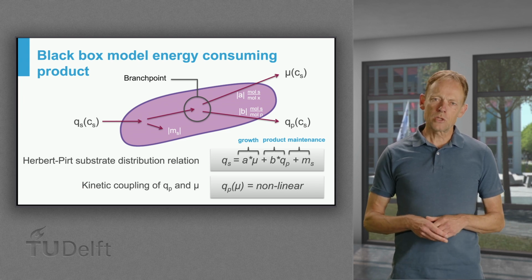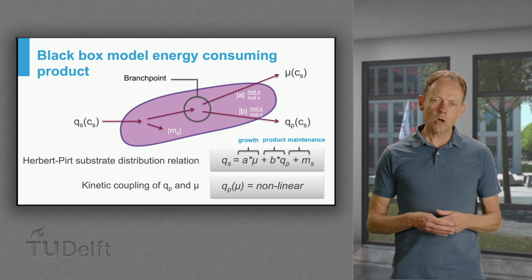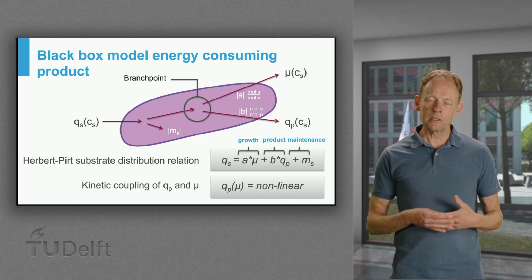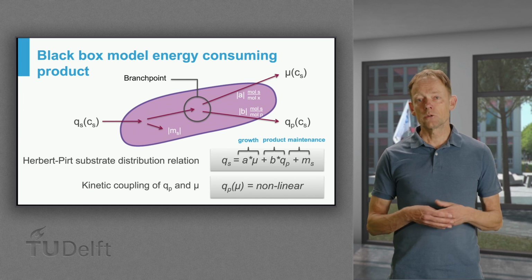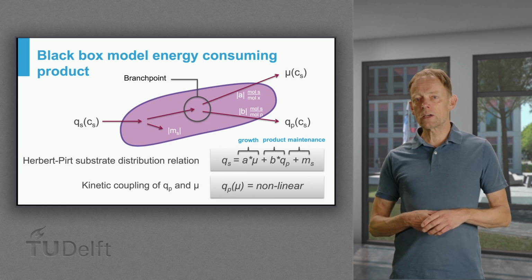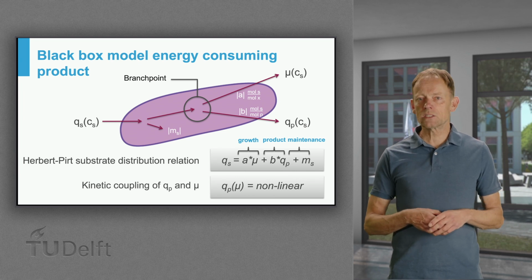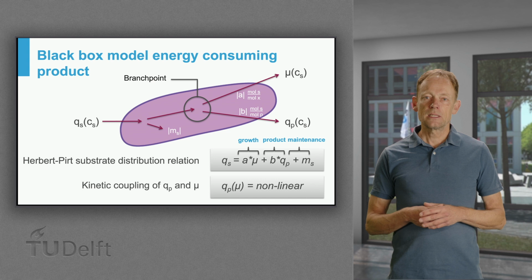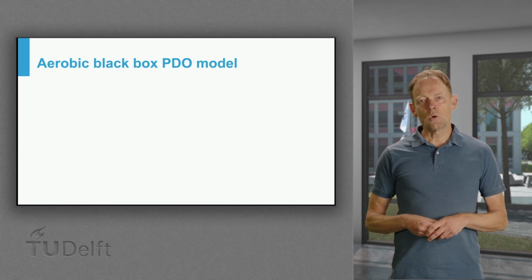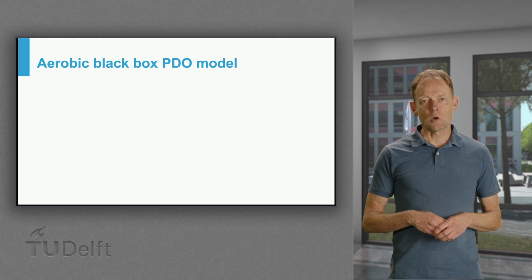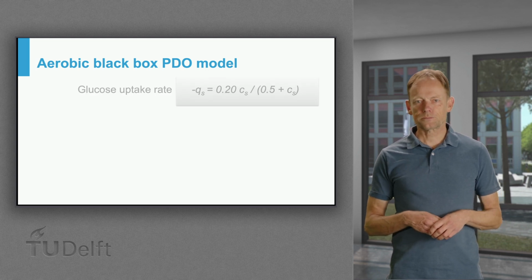The black box model has three relations: glucose uptake, Herbert-Pirt and Qp mu, with four variables: Cs, Qp, Qs and mu, and this gives only one free variable for which often Qs or Cs is taken, and it can also be mu. Let's apply this to our model system on 1,3-propanediol PDO.